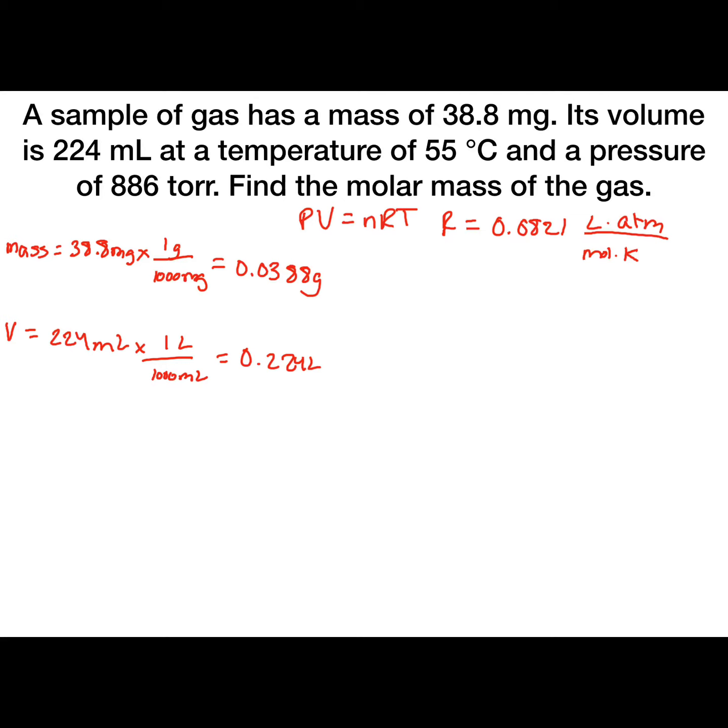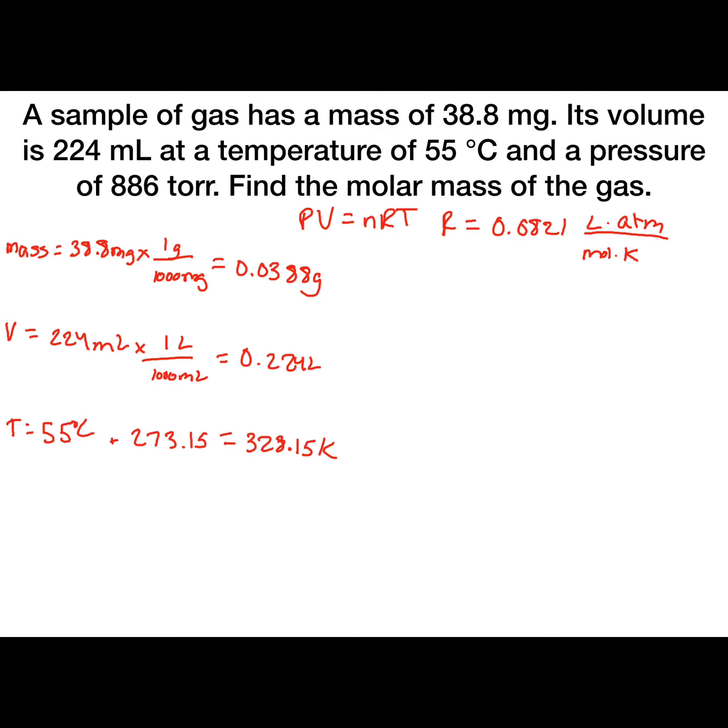Next, we need to convert our temperature of 55 degrees Celsius into Kelvin. And to do that, we need to add 273.15. So our temperature is now 328.15 Kelvin.